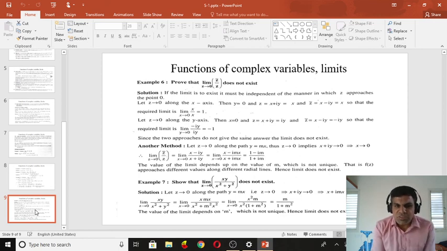So the limit of xy divided by x square plus y square is x times mx divided by x square plus m square x square. Taking x square as common, we get m divided by 1 plus m square. Again this value depends on m, which is not unique, hence the limit does not exist.